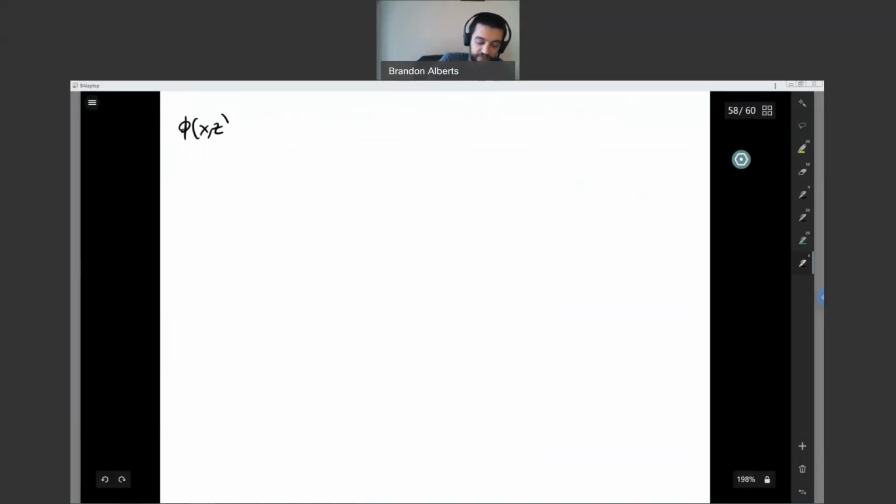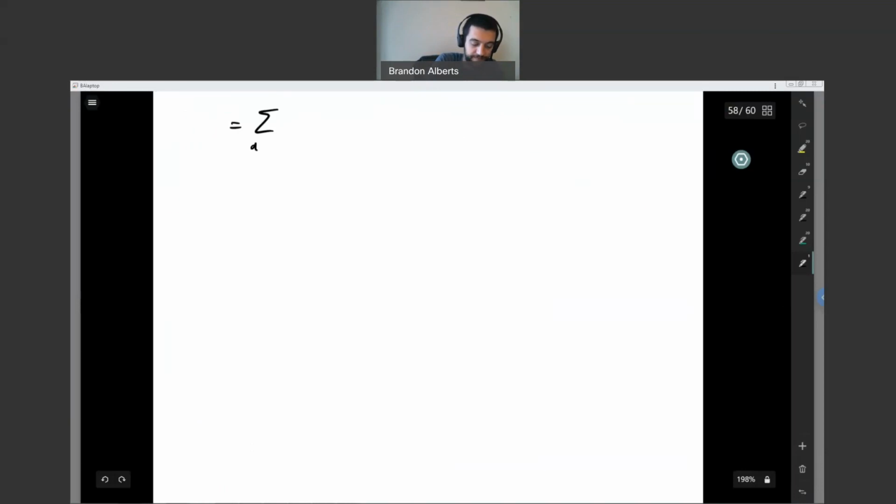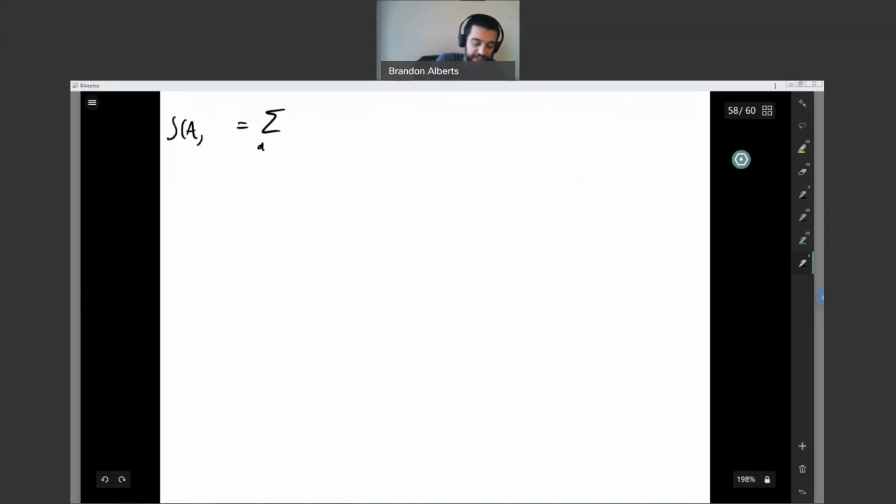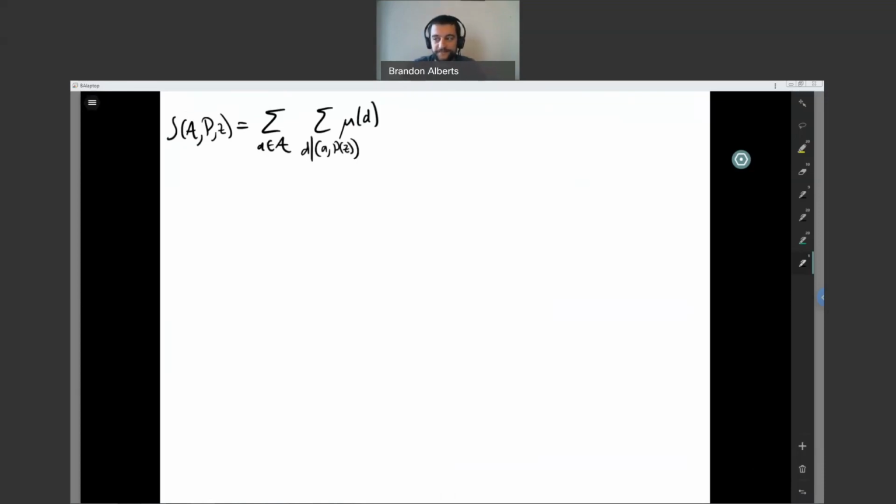So we're going to look at this phi function again. And I'm not going to do phi. The notes I have on my other screen say phi, but I should really say this S function. We're looking at the sum of elements in our big set A, but we don't want the elements that are not co-prime with A.